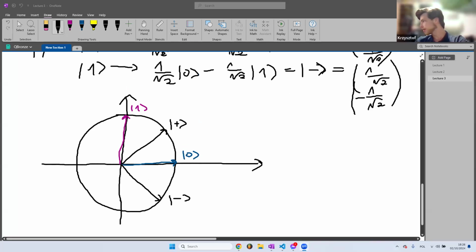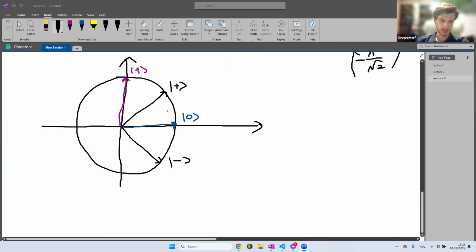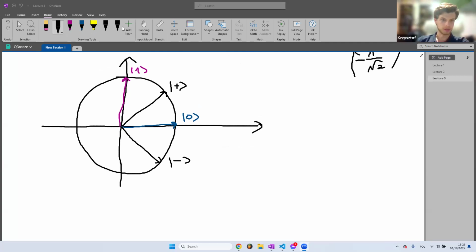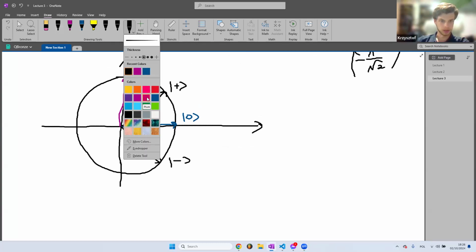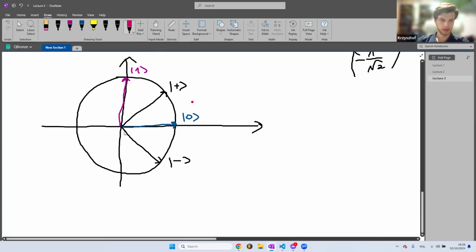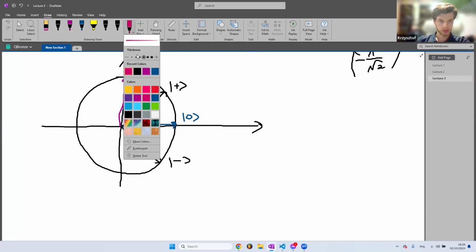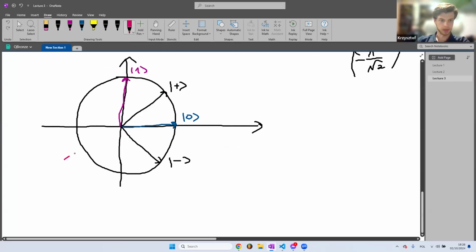It's a reflection. Yes, this is a reflection, and I can prove it to you graphically by drawing, maybe with a different color pen. Okay. So actually the reflection is here. This is the line of the reflection, and the angle theta should be pi over 8.